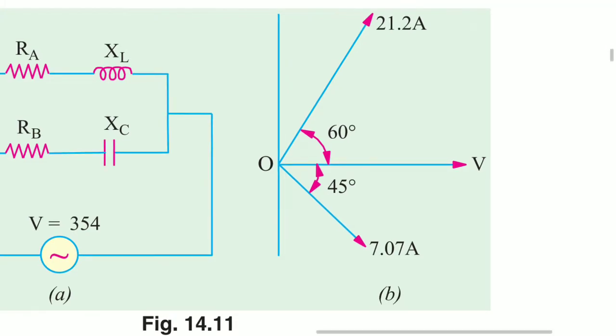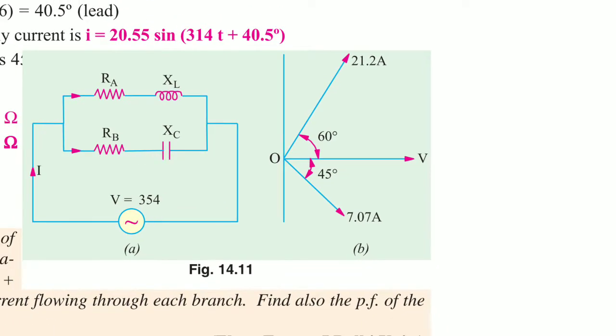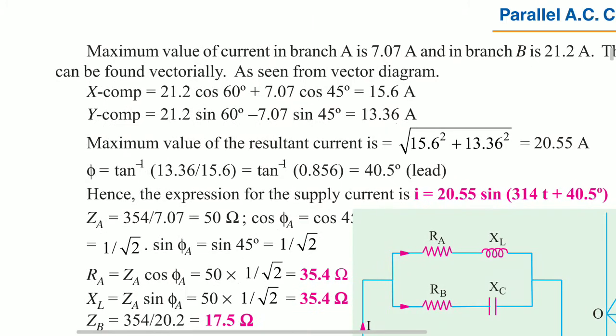Voltage is taken as the reference, and current is lagging 45 degrees in branch 1, and current is leading 60 degrees in branch 2. So this is the circuit.